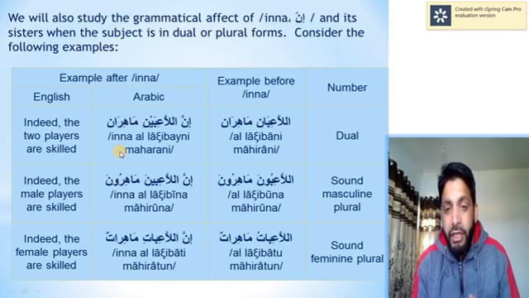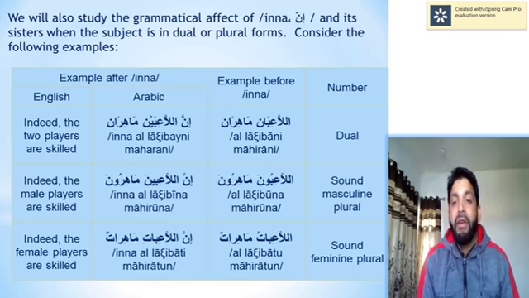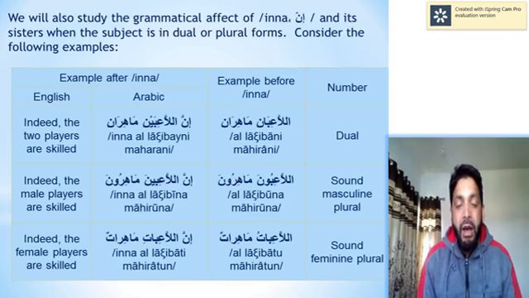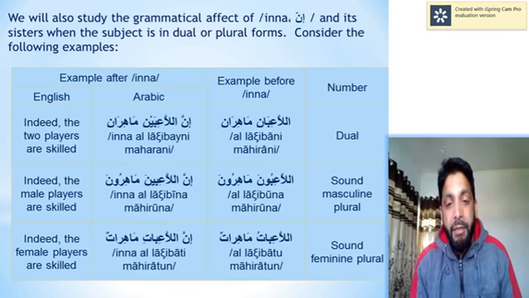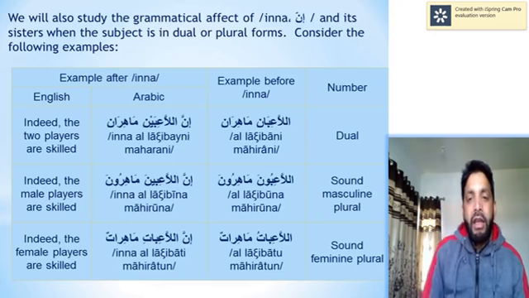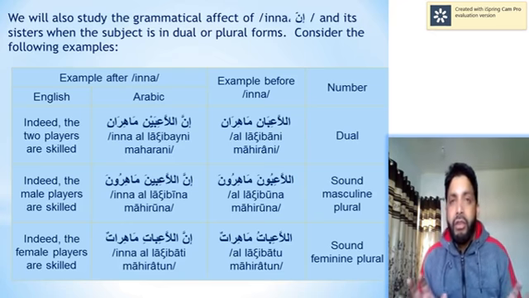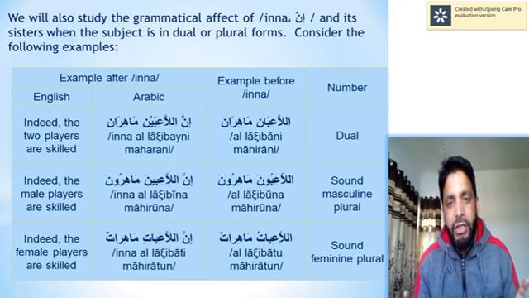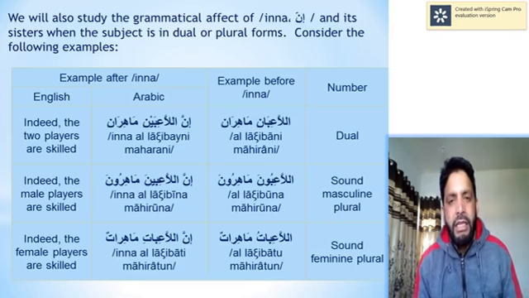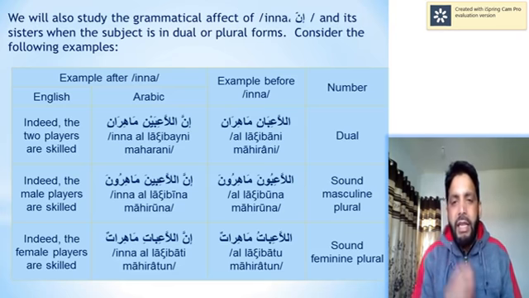Now we have another example, but this time the mubtada, the subject, is not musanna dual. Now it is plural, and that too sound masculine plural. Before knowing the grammatical rules while using inna wa akhawatuha on a sound masculine plural, you should know some basic fundamental rules of this sound masculine plural.